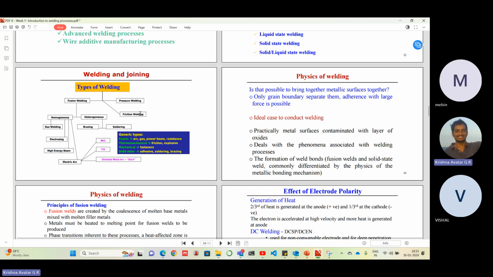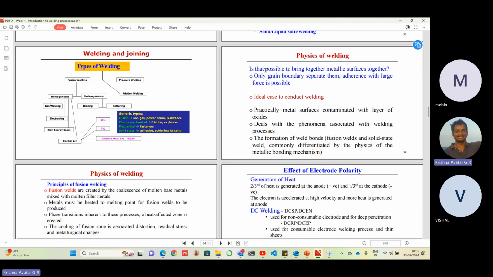Friction welding is when we create enough temperature for a filler material to liquefy just using friction. In pressure welding, we subject the metal to very huge pressure for welding purposes.